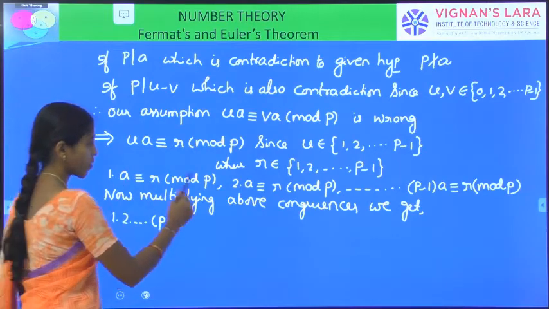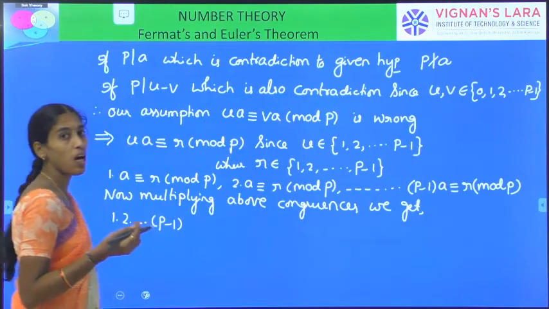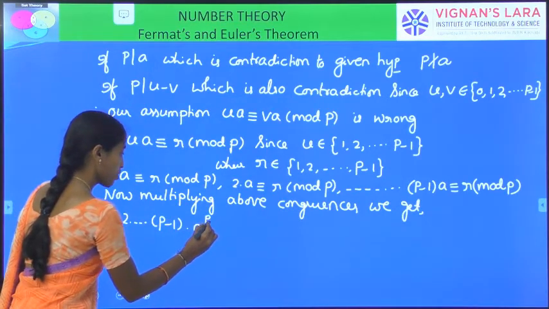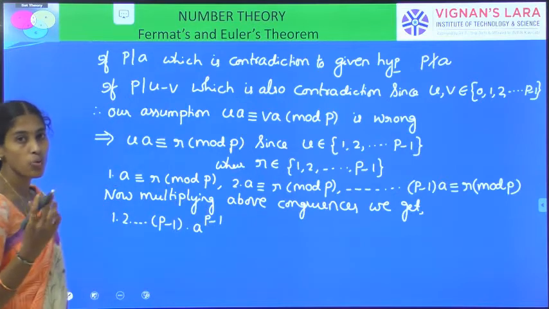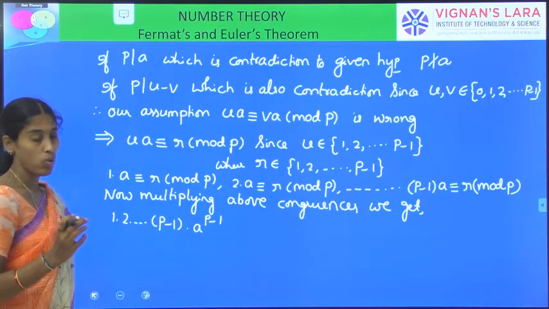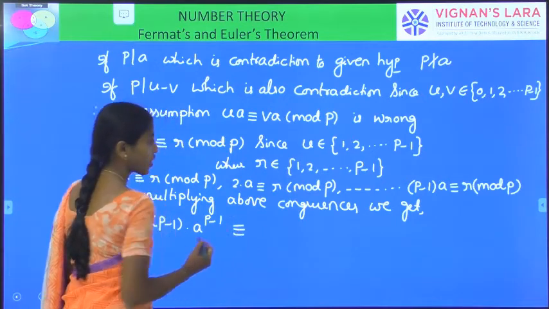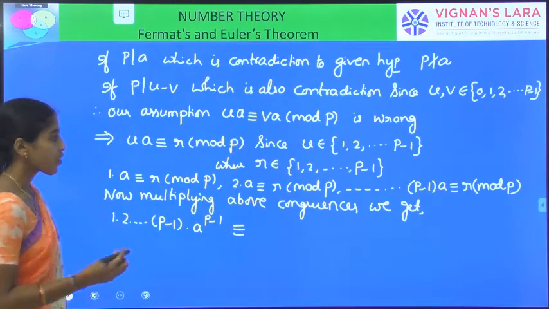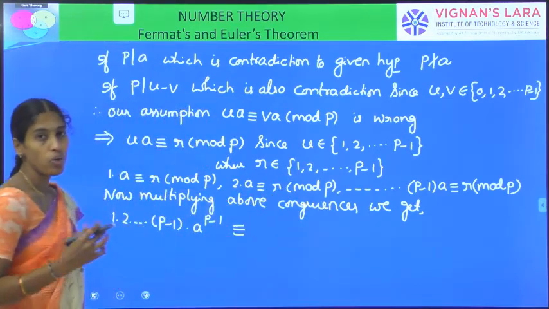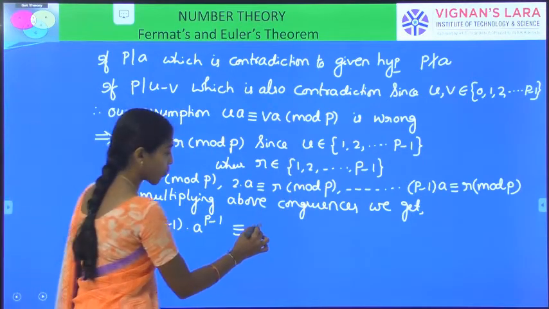This is the first equation, second equation, like that. We are multiplying A also P minus 1 times. So A into A and so on, up to P minus 1 times. So we get A power P minus 1, which is congruent to what about R? R value also lies in between 1 and P minus 1. So we are multiplying 1 into 2 into so on up to P minus 1.